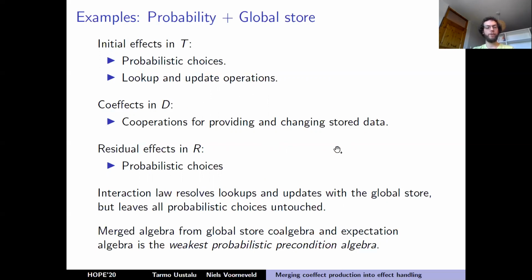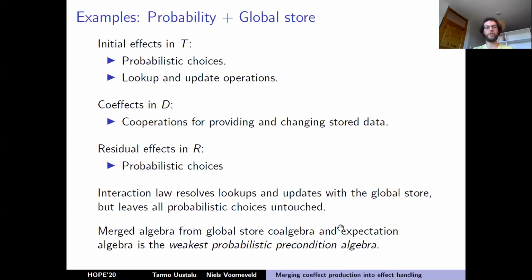Then as the environment, we implement a global store, so there's a global place where we can store some data, and the environment can then respond to these lookup and update operations by providing the current state or updating whatever is in the store. However, it leaves the probabilistic choices untouched. So as a residual effect, we still have the probabilistic choices left over.